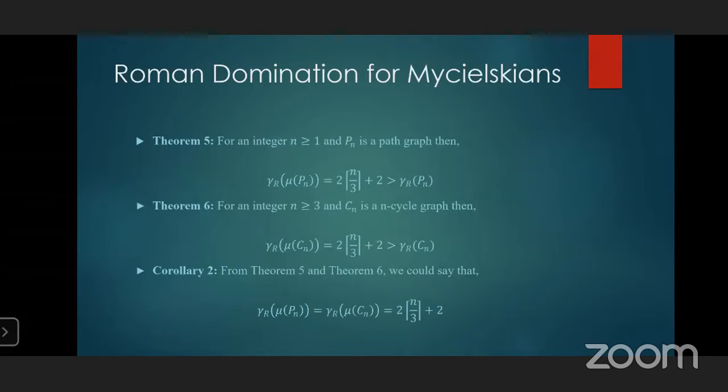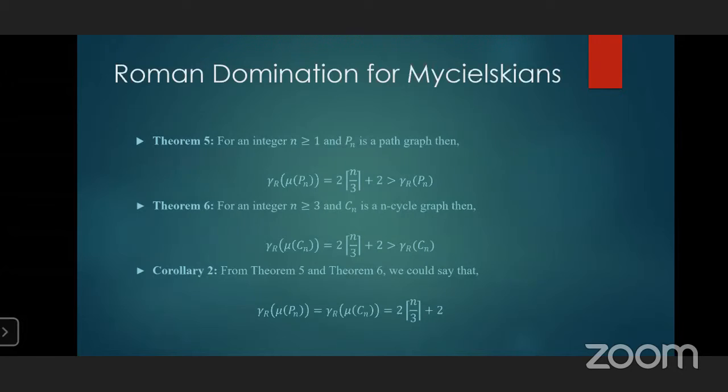In Theorem 5, we are going to show you the Roman domination number for the Mycielskian of a path graph, and we compare it with its Roman domination number here.